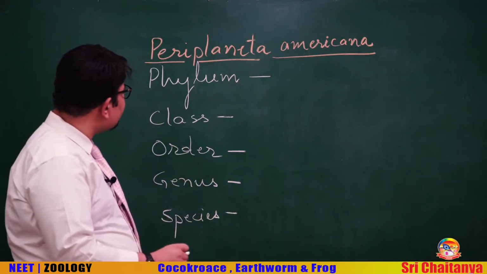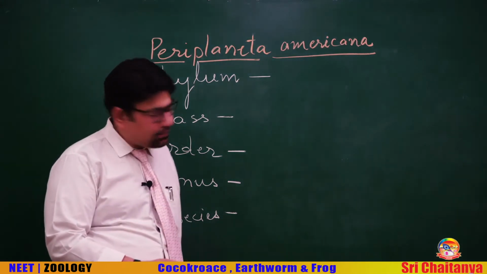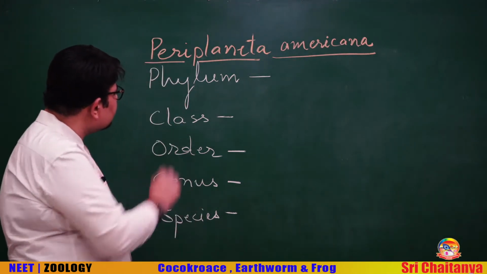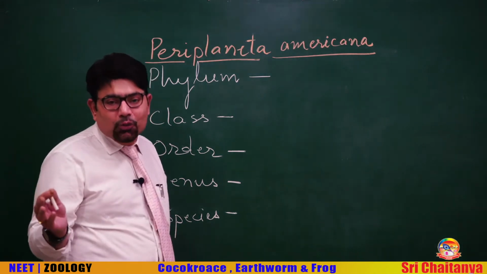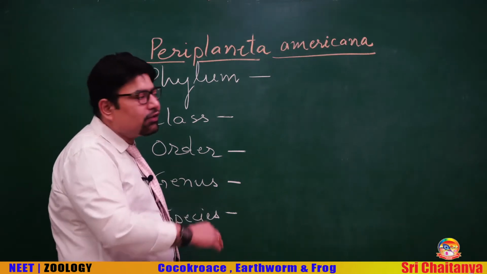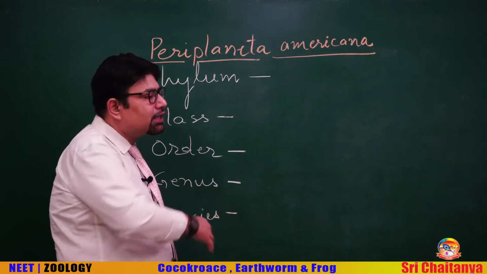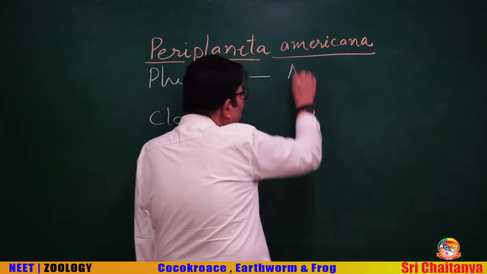We know that the scientific name of cockroach is Periplaneta americana. The phylum to which cockroach belongs, we all know, is Arthropoda, the phylum of jointed appendages animals, the phylum of animals with a chitinous exoskeleton.